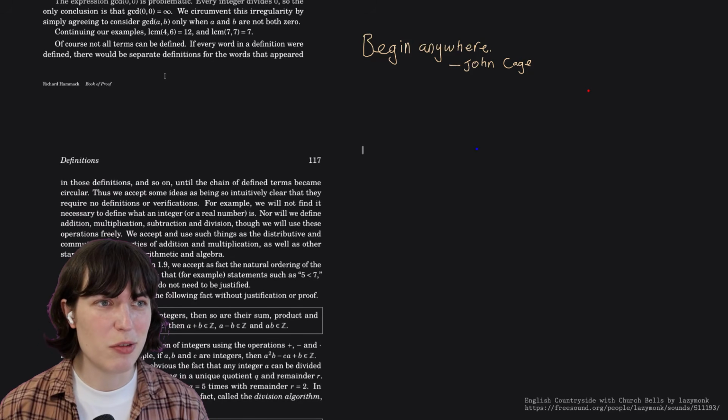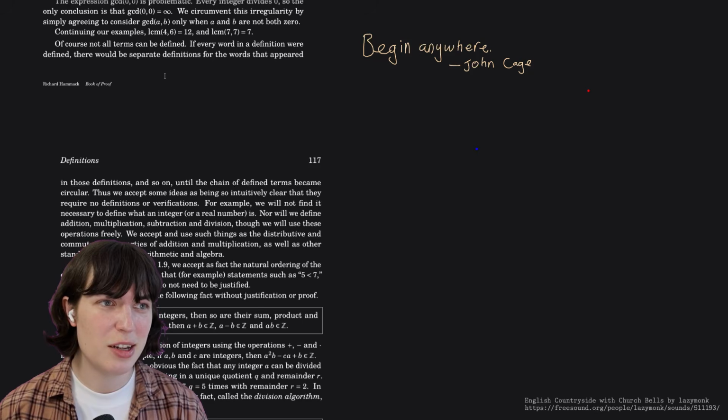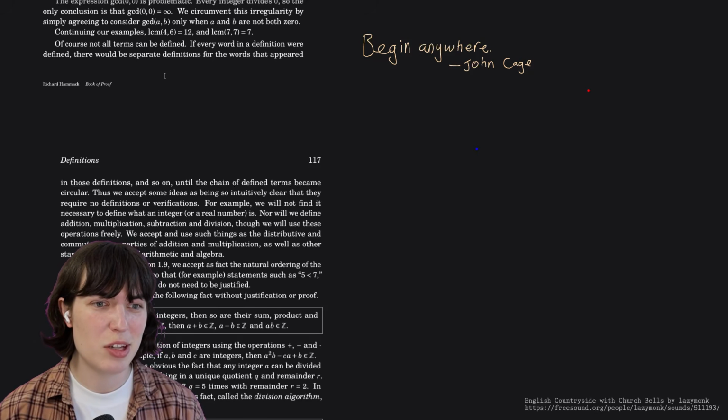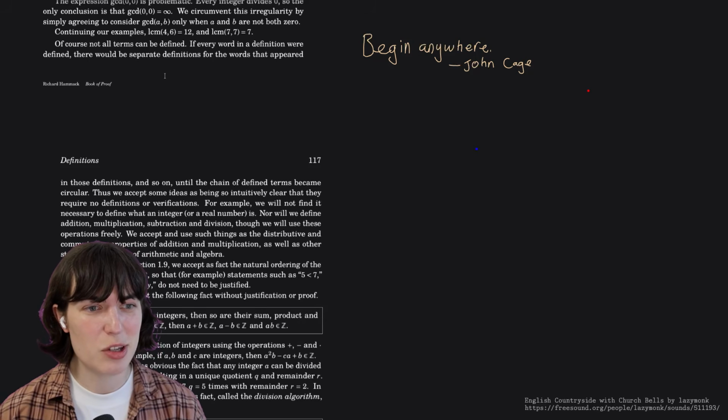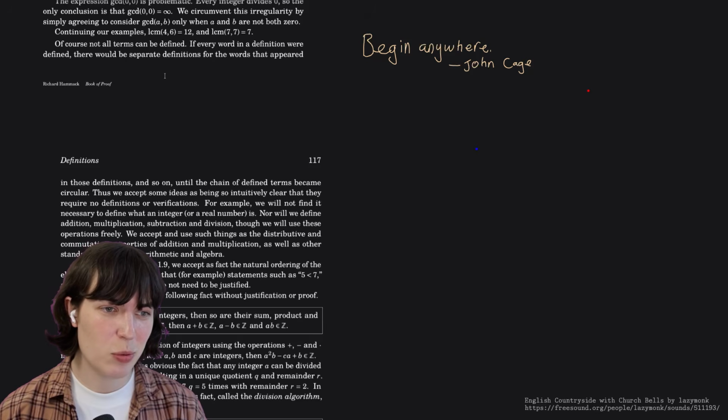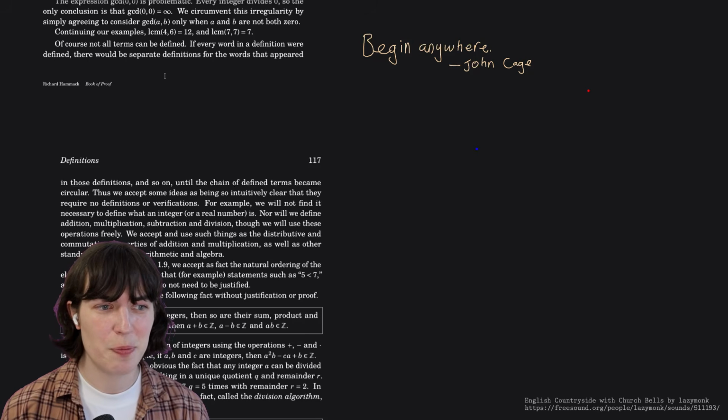Of course, not all terms can be defined. If every word in a definition were defined, there would be separate definitions for the words that appeared in those definitions, and so on, until the chain of defined terms became circular. Thus, we accept some ideas as being so intuitively clear that they require no definitions or verifications.